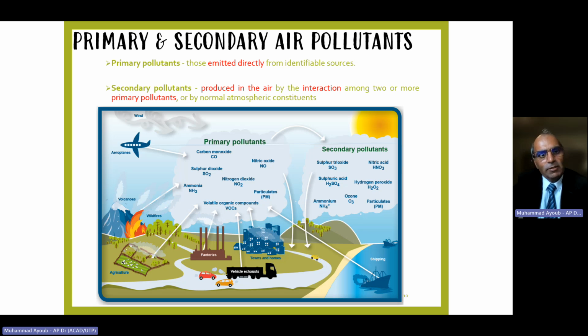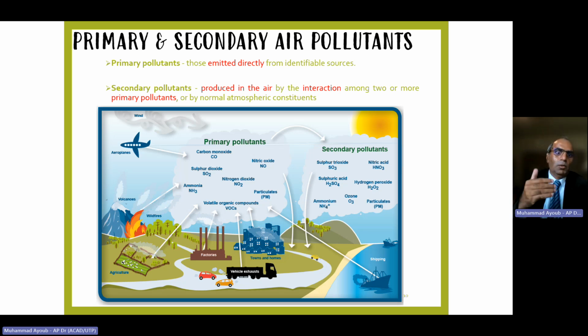When it attaches with water molecules, maybe in humid weather, if it is effluent SO2, then it can create H2SO4, that is sulfuric acid, more dangerous than SO2. So sometimes secondary pollutants are more dangerous than primary. Therefore, we have to categorize whether it is a secondary pollutant or a primary pollutant.